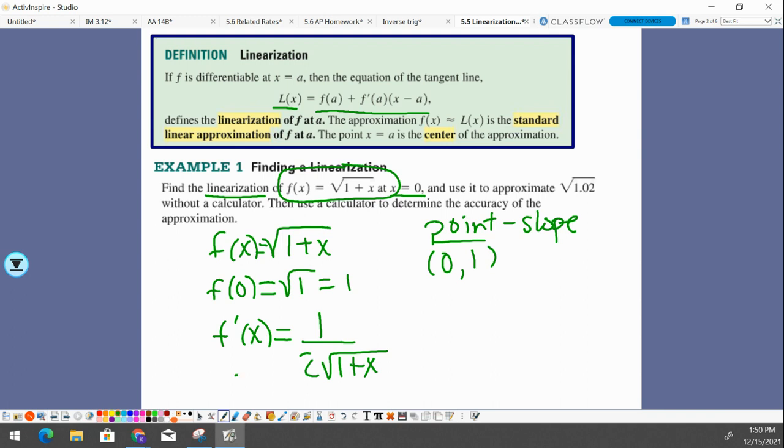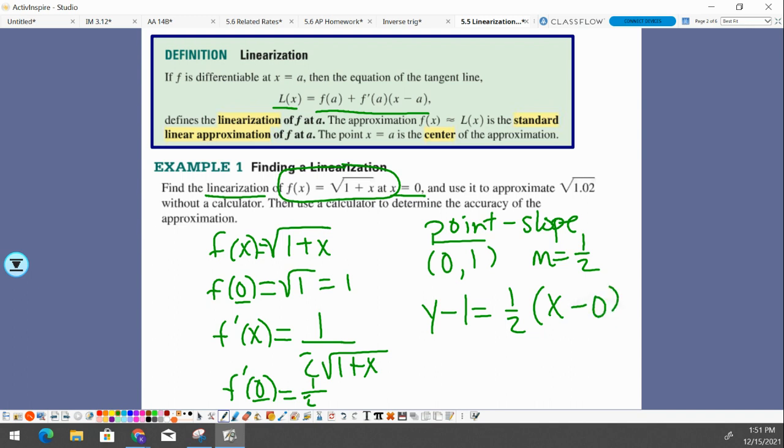So now we find F prime at 0, because these always have to match. The point and the slope X value are the same. 1 over 2 times the square root of 1, which is 1. So my slope is 1/2. Write your equation. Y minus the Y coordinate equals the slope times X minus the X coordinate. To get Y by itself, just move over the 1.